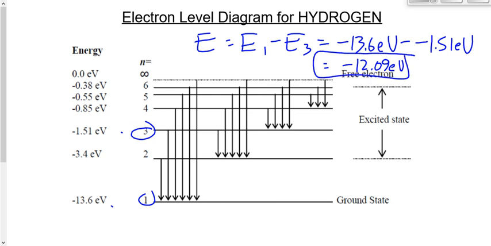The energy emitted when we go from 3 to 1 is 12.09 eV. It'll always work out to be positive if it's emitted and negative if it's absorbed. But I wouldn't worry about the negative sign there. If you said 12.09 eV, you'd be okay there. All right? That's easy enough, right? Didn't use this one, didn't use this one, use both of them combined. That's always what we're going to do.